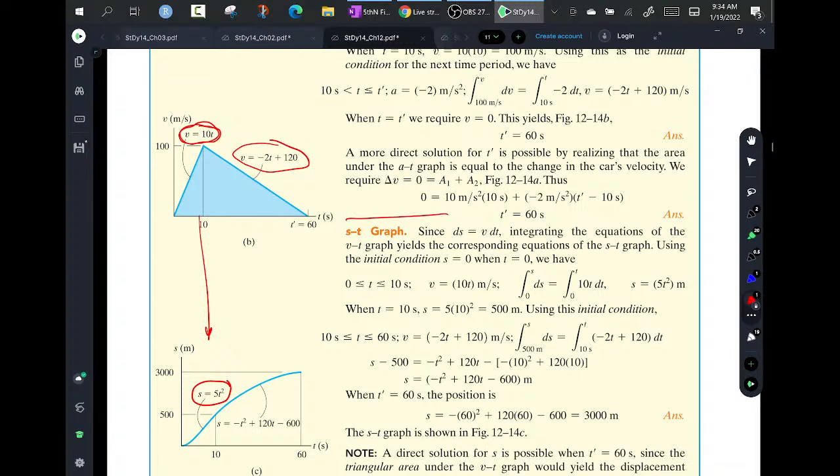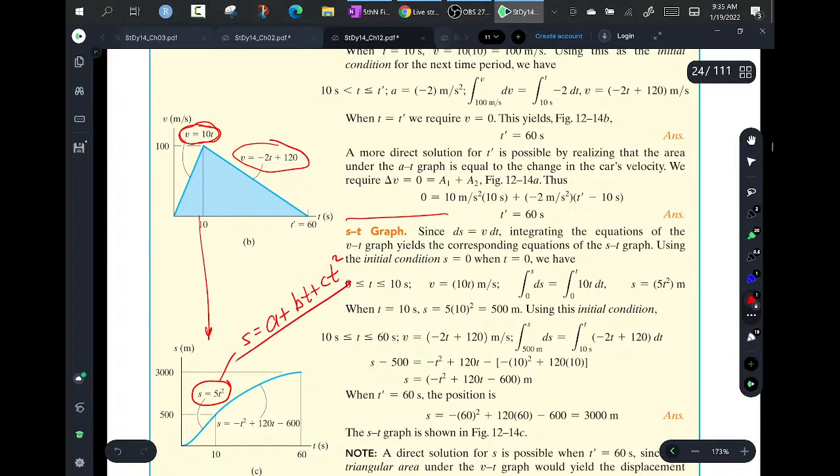Now, you could do this another way, as you know, and I'm almost hesitant to come up with this, a plus bt plus ct squared, and you know that's what you got to end up with if your acceleration is constant.